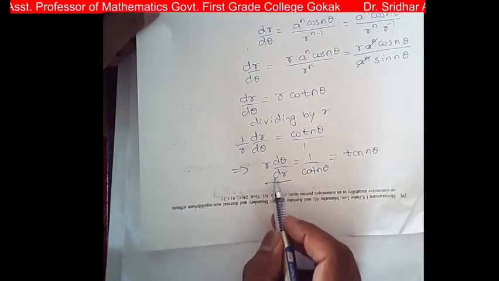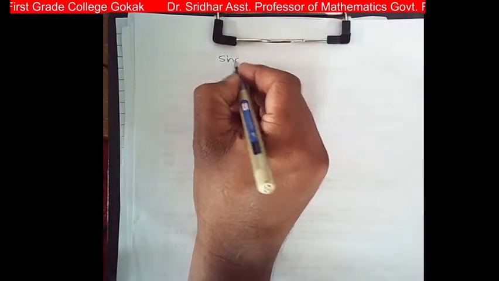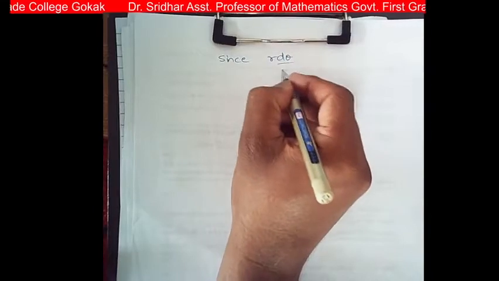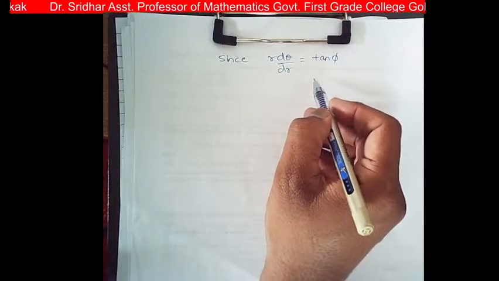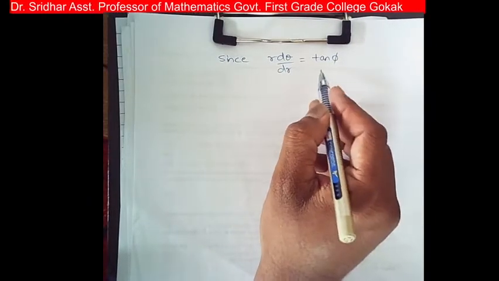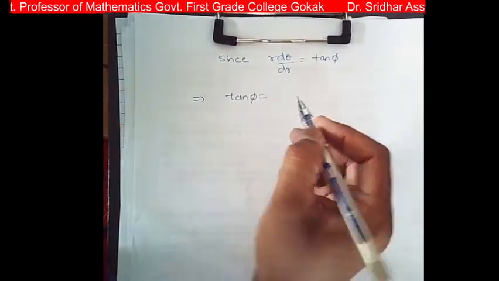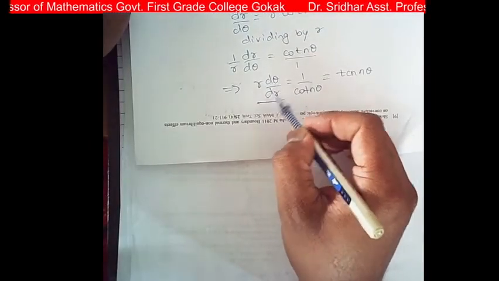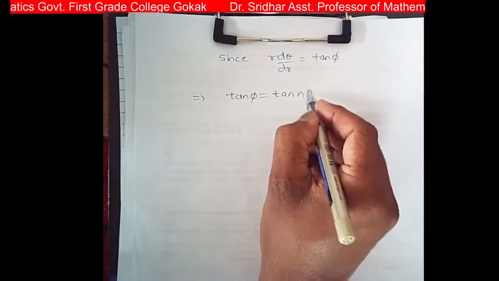This is nothing but the formula for the angle between the radius vector and the tangent, that is tan phi. Now, since r into d theta by dr is tan phi, the angle between the radius vector and the tangent, using that, tan phi is equal to tan n theta.